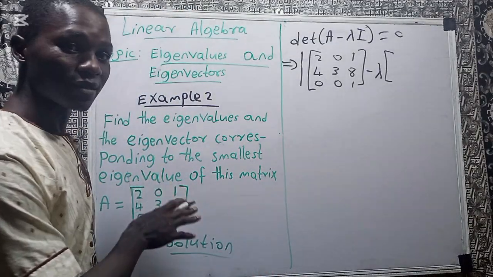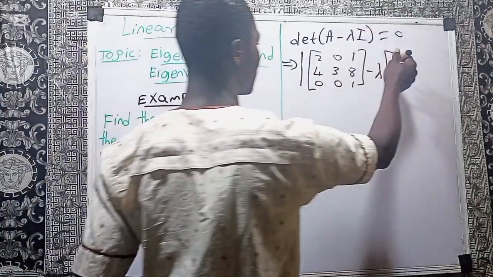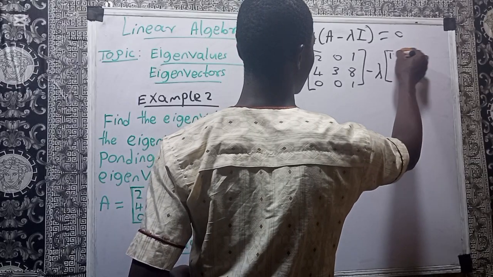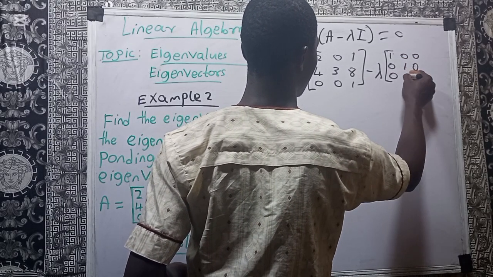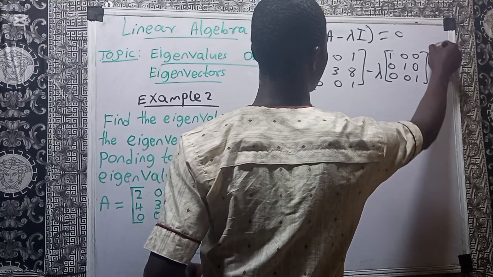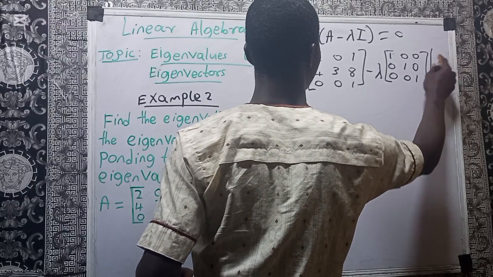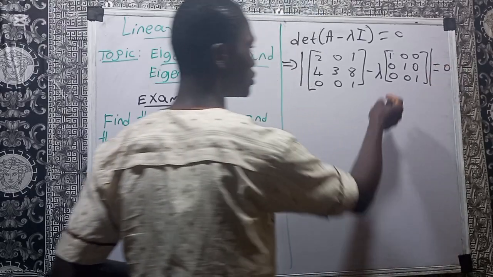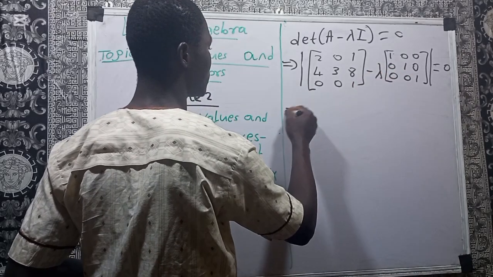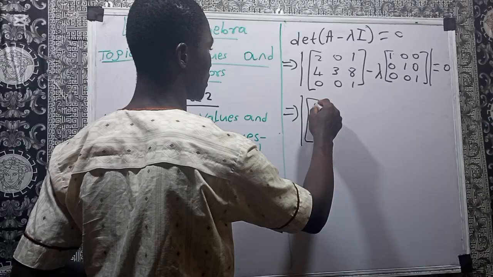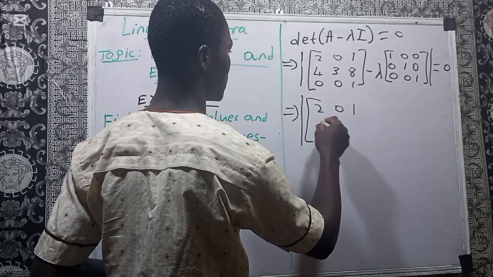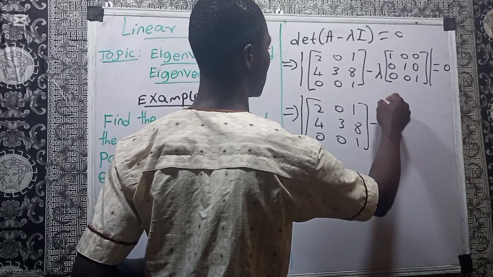Your matrix A is 3 by 3, so your identity matrix must be 3 by 3. So this is our identity matrix. Determinant equated to 0. The next thing we are going to do is to multiply lambda by the identity matrix, right? But first, let's write our matrix A, then minus, let's multiply.